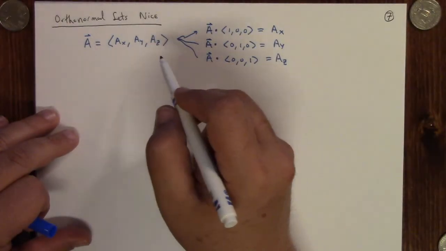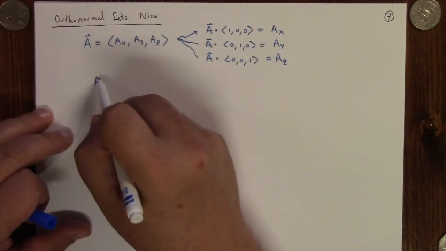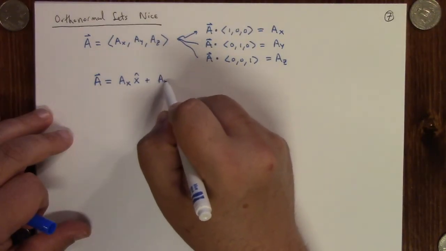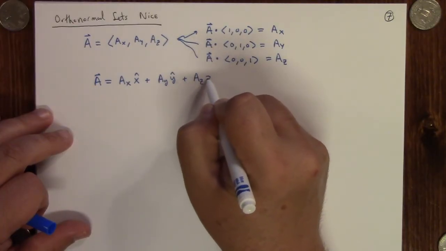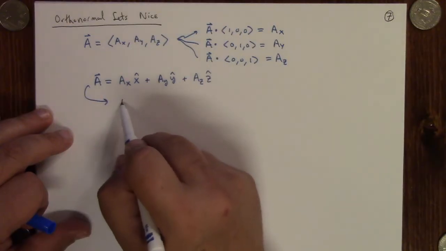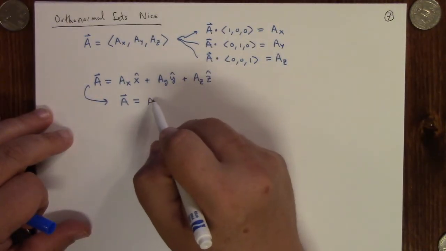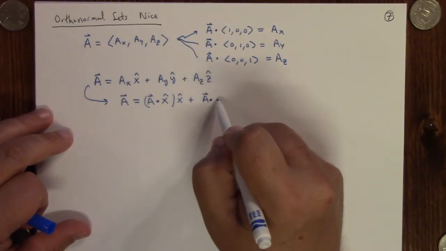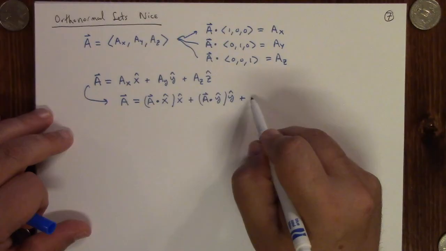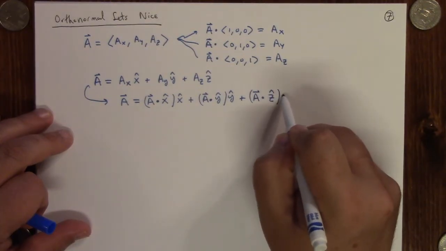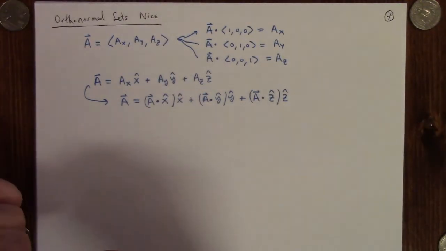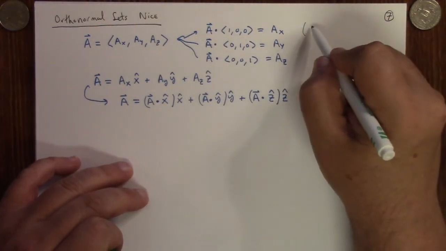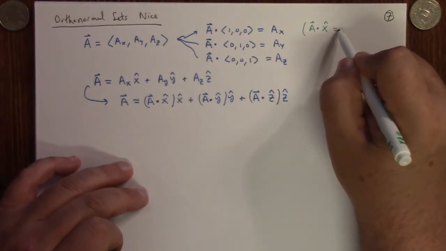So, in other words, we can rewrite A as AX x hat plus AY y hat plus AZ z hat, but more to the point, I can look at that instead as (A dot x hat) x hat plus (A dot y hat) y hat plus (A dot z hat) z hat. This says that A dot x hat equals AX.